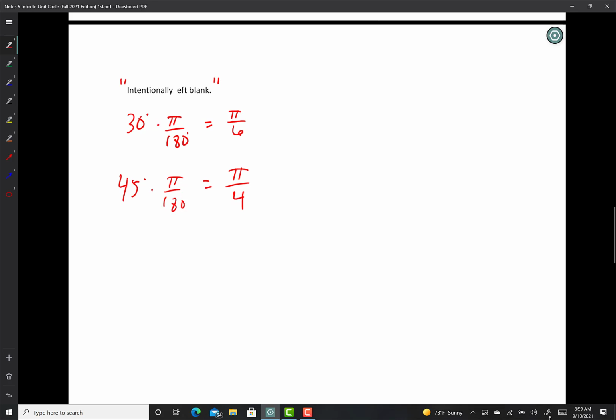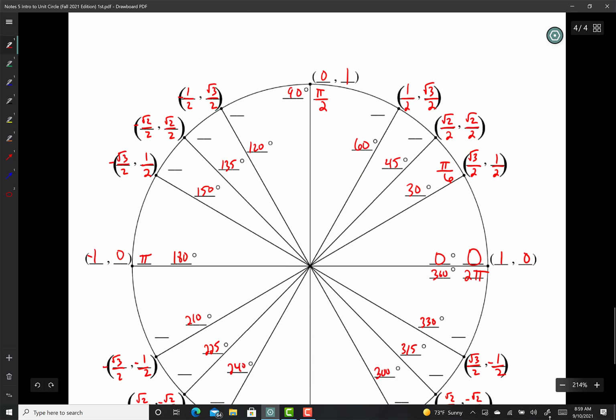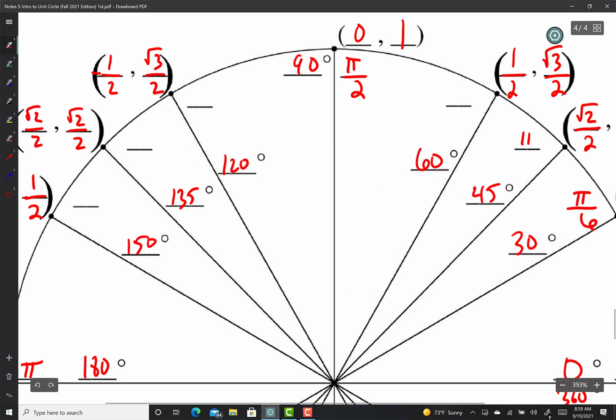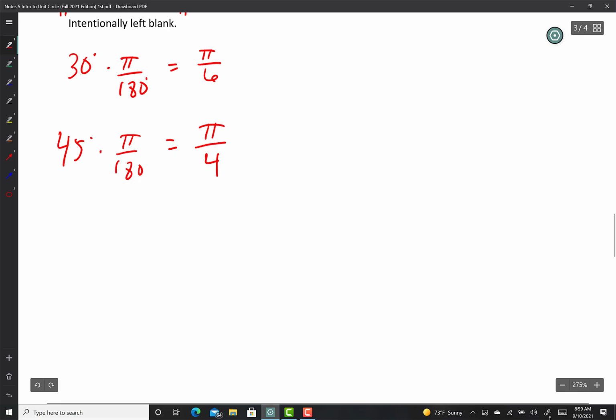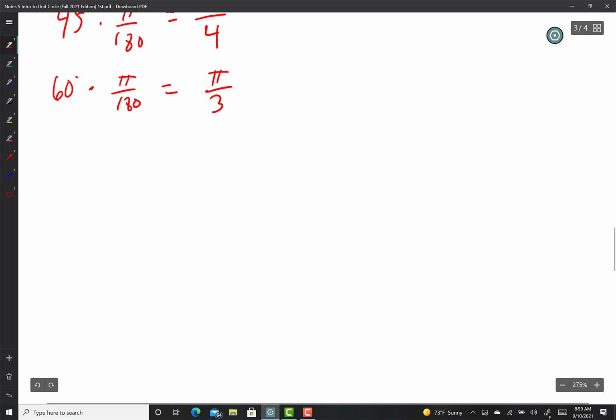Right, 45, 45, 45, 45, if I add them together. So come over here and write pi over 4. At 60 degrees, let's see, 60 degrees times pi over 180. 6 goes into 18, so pi over 3.